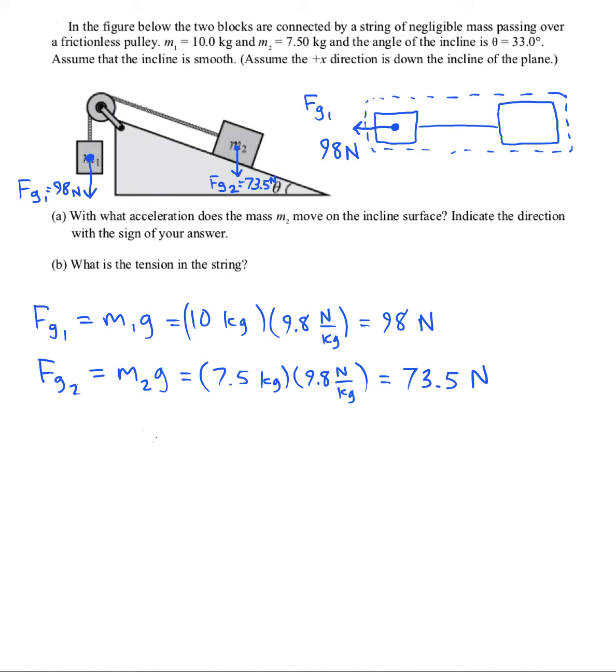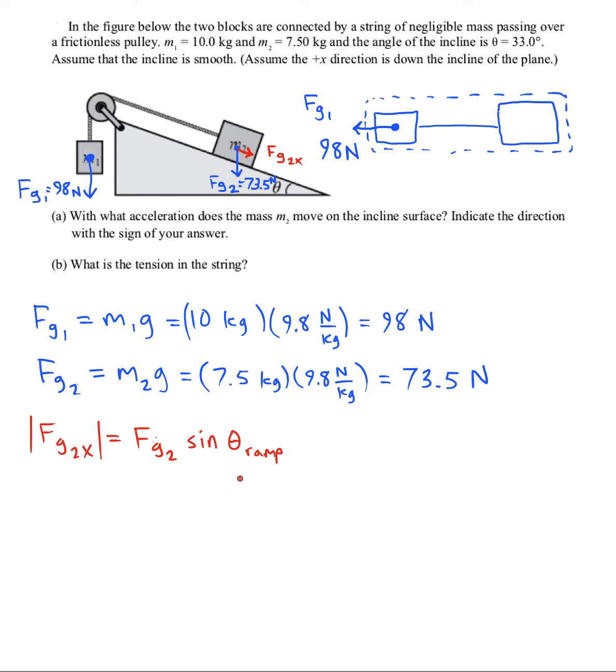Okay, but that is not the force that pulls down the ramp. We need to find out what the force that pulls down the ramp is. This is going to be Fg2x. Alright, now how do we actually find Fg2x? Well, we can find its magnitude using the formula Fg2 sine of theta of the ramp.